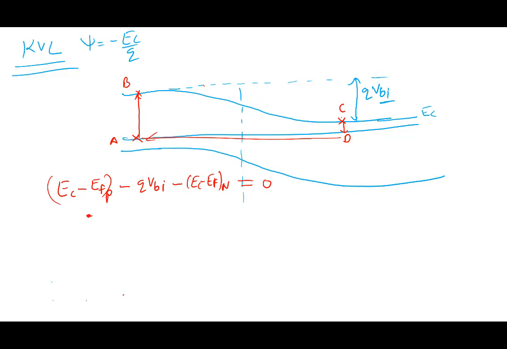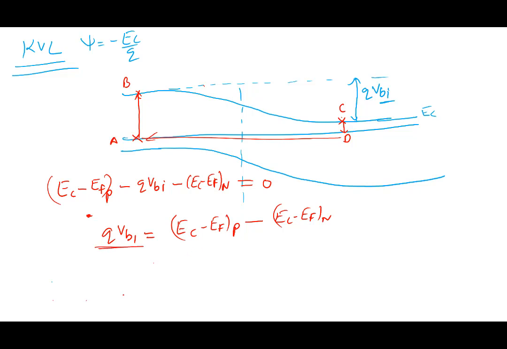So all you do is, whenever you need to find potential, you go in a loop like this, add up and subtract energies, and the sum is 0. So what we end up getting is QVBI is EC minus EF in P minus EC minus EF in N. We are looking for QVBI.